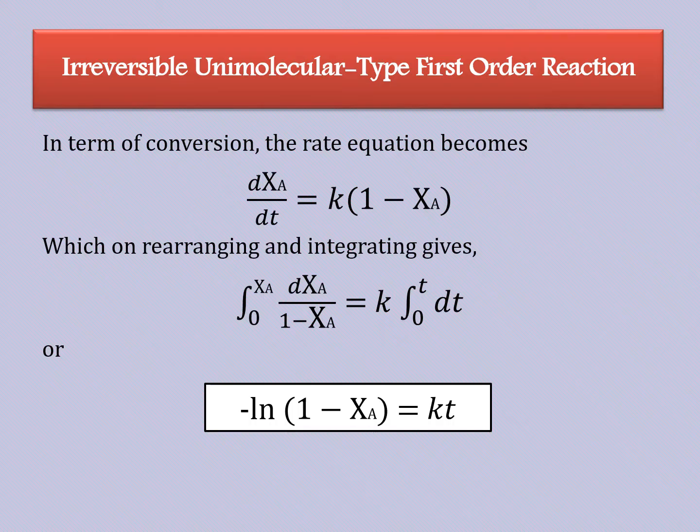As we have derived the previous equations in terms of concentration, similarly in terms of conversion the rate equation becomes dX_A over dt equals k into 1 minus X_A, which on rearranging and integrating in definite intervals, the equation we get in the end is minus ln(1 minus X_A) equals kt.